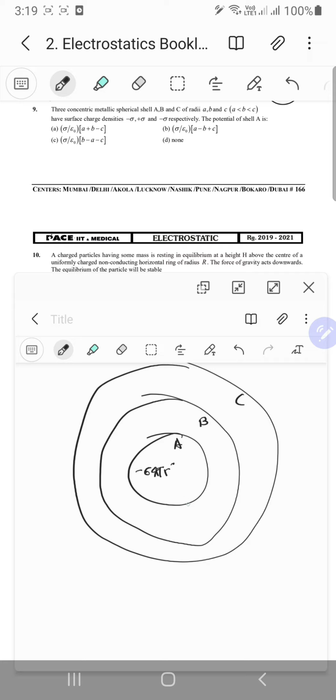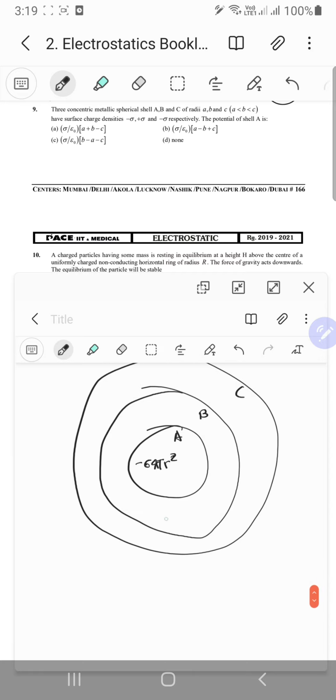And we just want to find the potential of shell A. Okay, cool. Well, the field inside that is 0, but that's not a big deal because it's thin. Okay, this thing will just be something. That's the charge over here. The charge over there will be sigma 4 pi r squared as well. I mean, okay, 4 pi a squared, 4 pi b squared. And this will be sigma, so it's also minus, right? It's minus sigma 4 pi.